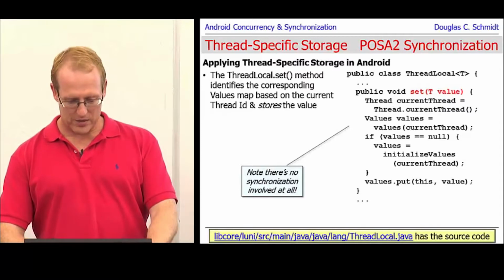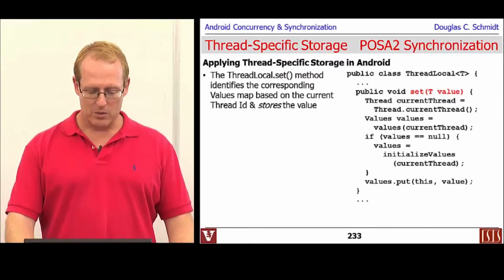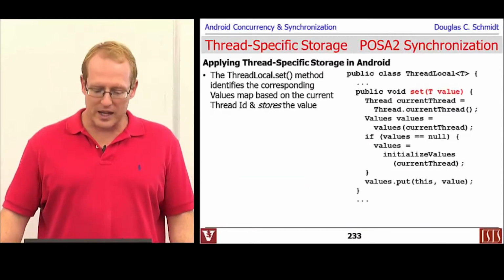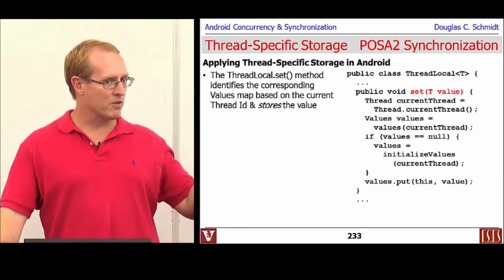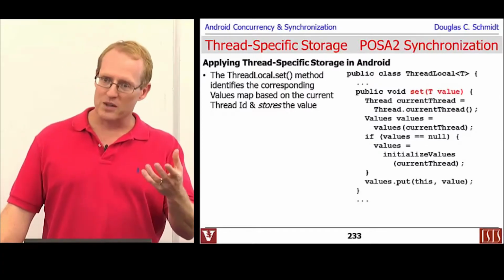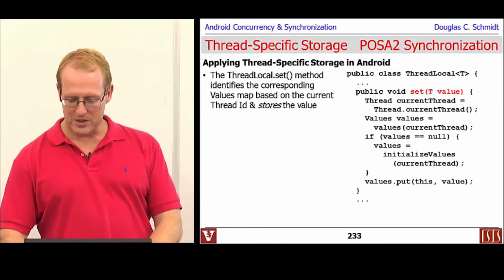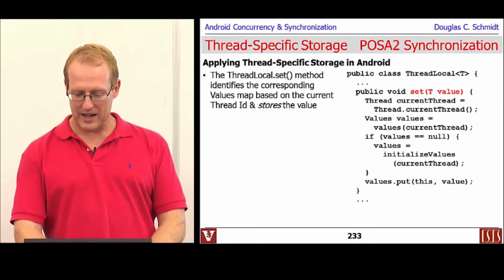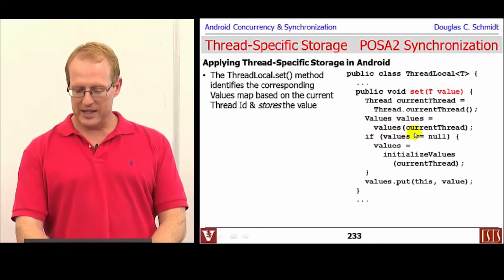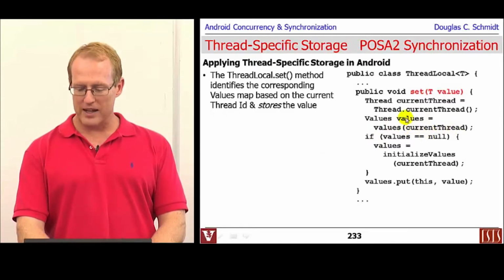Okay, so if you actually look at the code, it's kind of cool. First I'll tell you about the code, then we'll go look at it. ThreadLocal.set figures out what the appropriate values map is, in other words, the one that's for that thread, based on the current thread ID. So if you look here, it says, what thread am I in? I'm in the current thread. Then it looks up in the current thread and gets back this list of values.